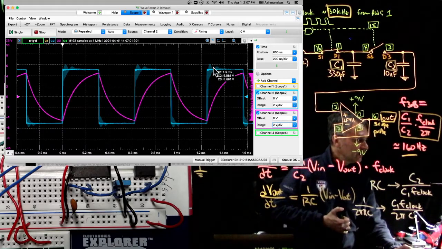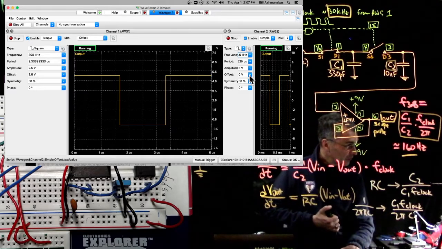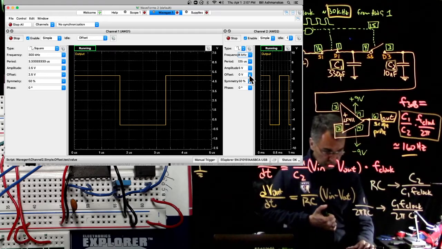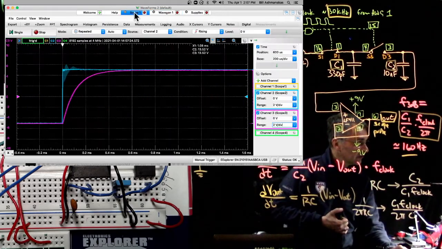And now let's even go to an order of magnitude lower frequency, and we should see that classic RC charging, discharging curve. Let's try that. A factor of 10 might be too much, but that's 1.6 kilohertz, so let's do 0.16 kilohertz, 160 hertz.